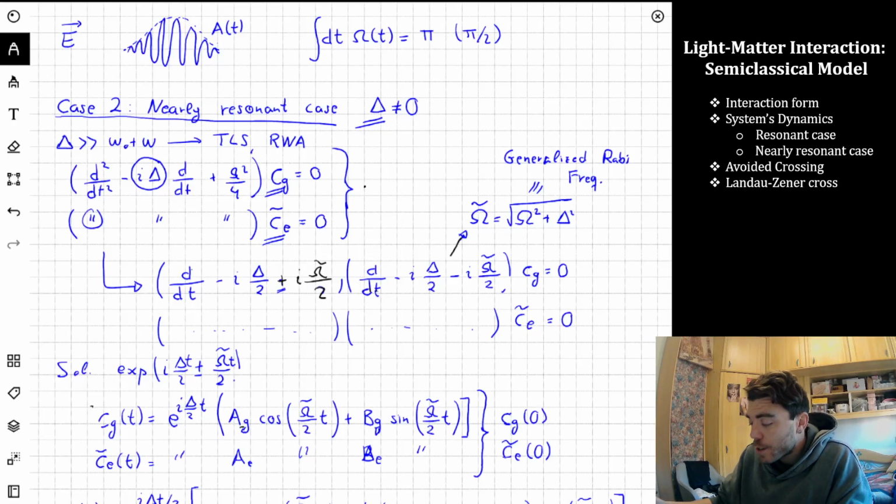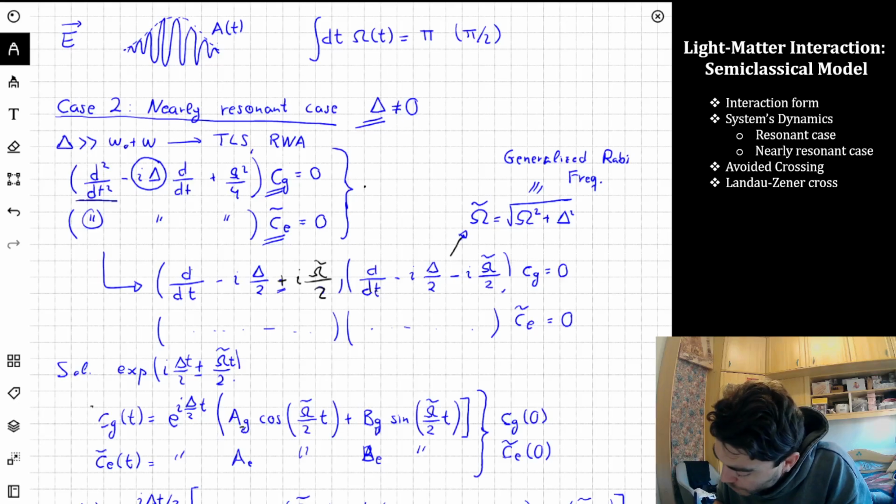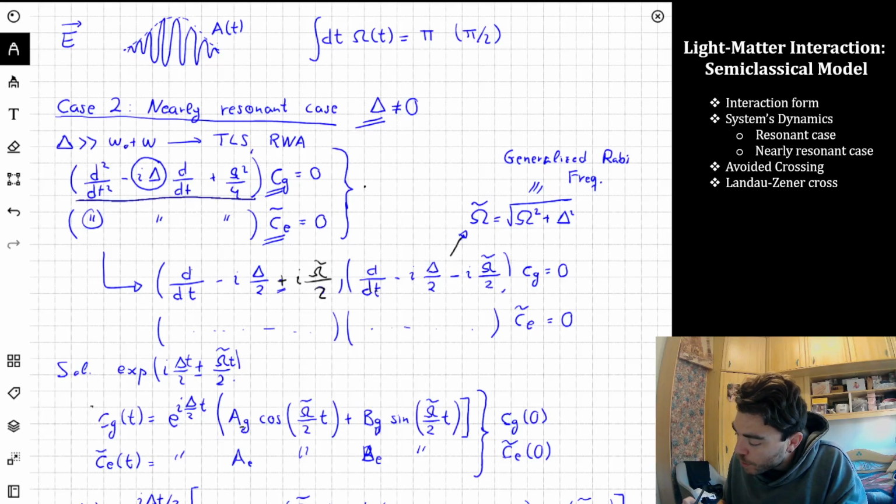Now solving these equations is just a mathematical problem, and they are easy to solve if one realizes that this entire operator can be written as the product of two different operators that only have one derivative with respect to time, so it's easier to solve.